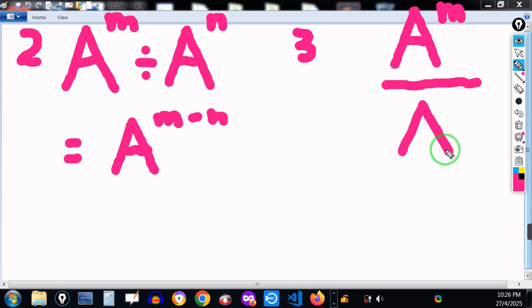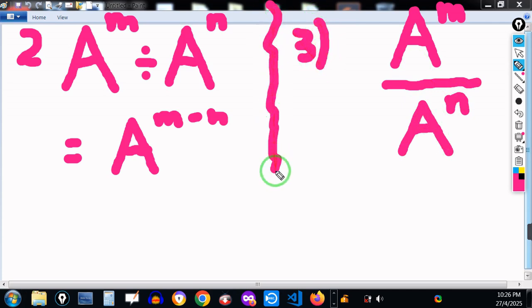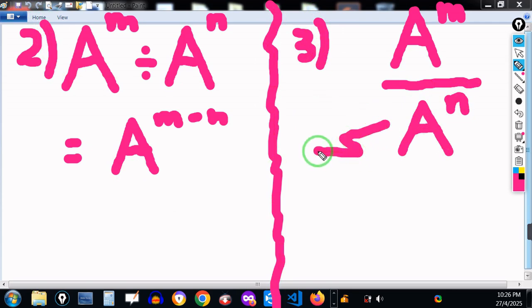It's the same, don't sweat it. Meaning a to the power of m divided by a to the power of n is equal to a to the power of m minus n. They are the same.